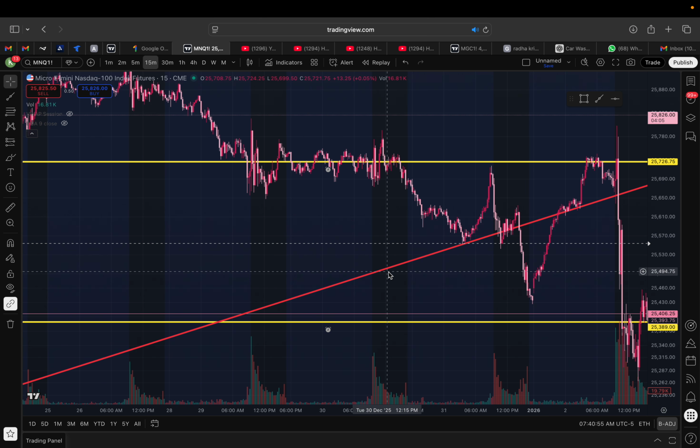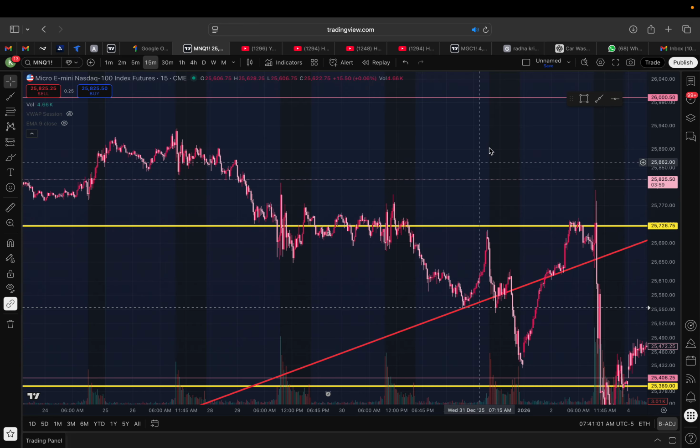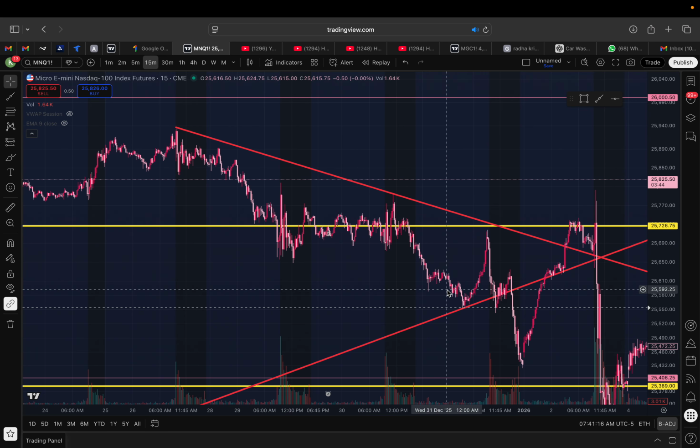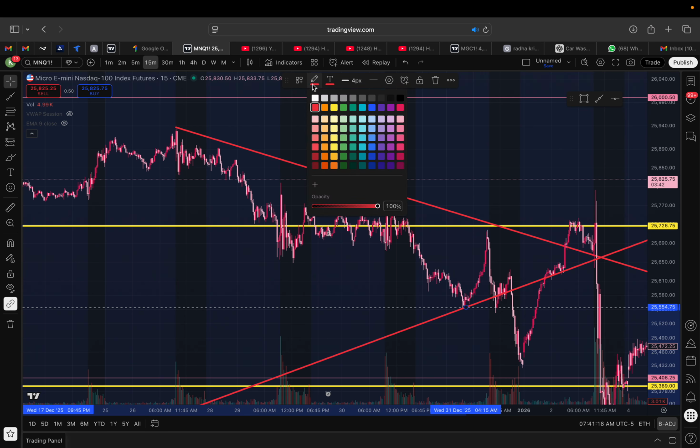Now what better can we do? Also, I think there was a downtrend going on, and this was a continuation move. From 26 December we were in a downtrend.